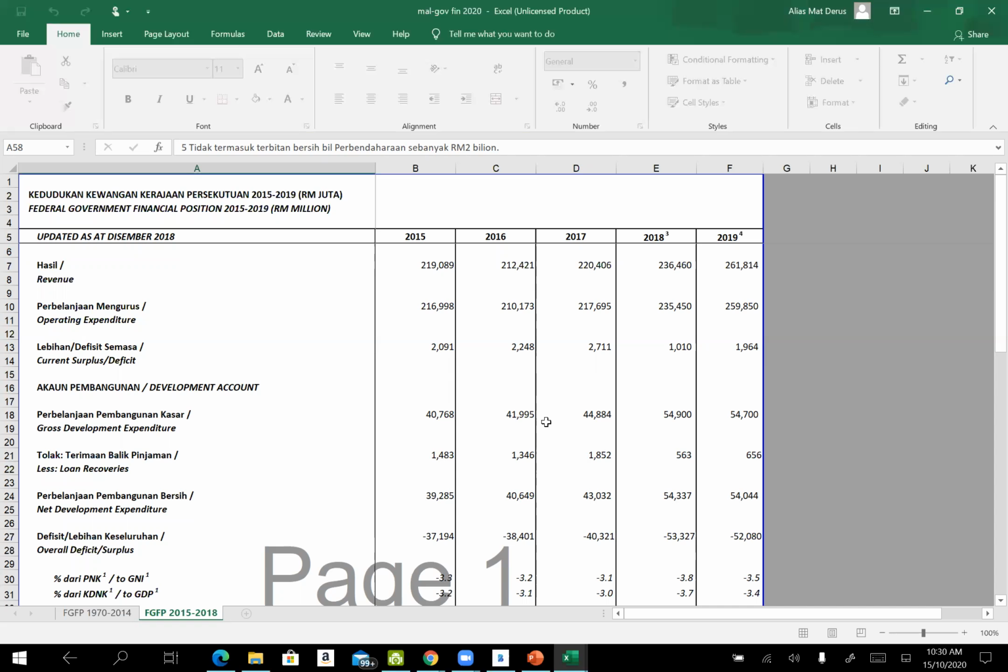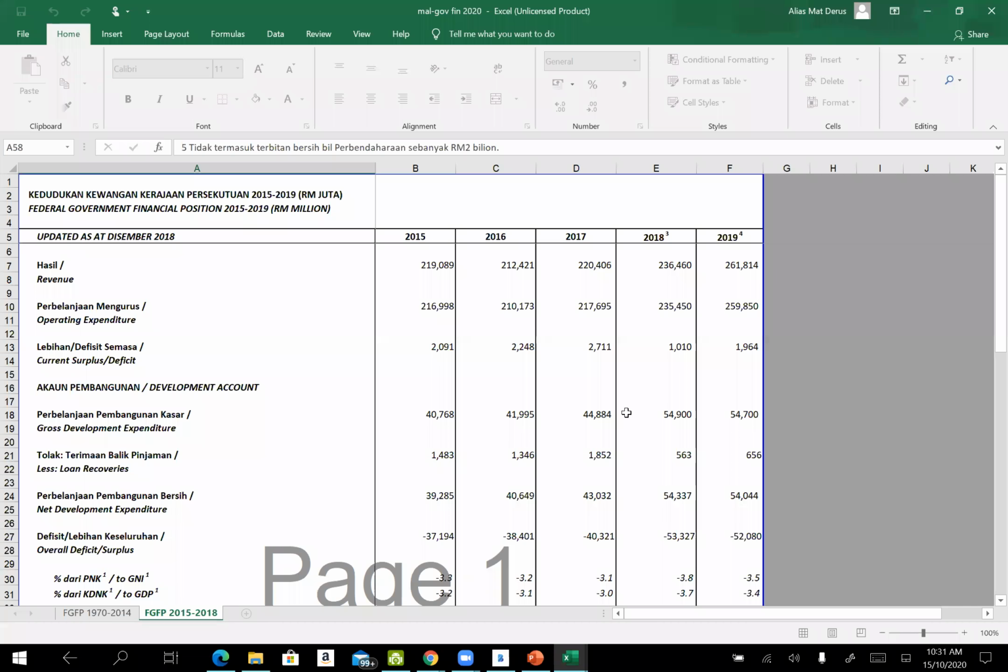And the development expenditure is about the size of the deficit. If you look at 2015, 2016, it's also about true. Look at 2018 here. The revenue is 236.15. The operating is about 235.5, so it's about the same. And then you have the development at 54.9 billion. So that would be the deficit, which is about equal to the development expenditure.